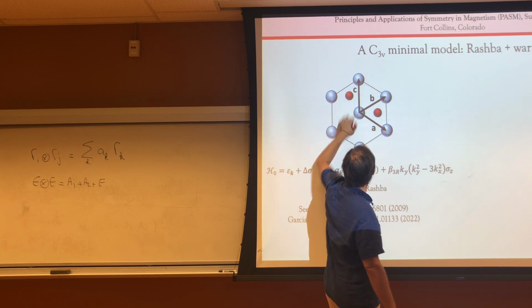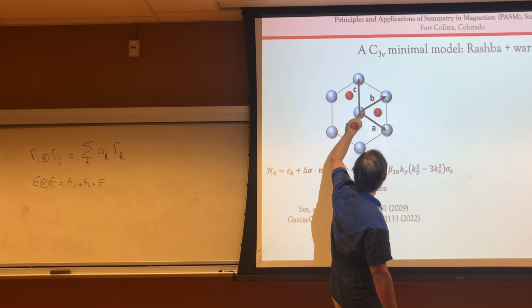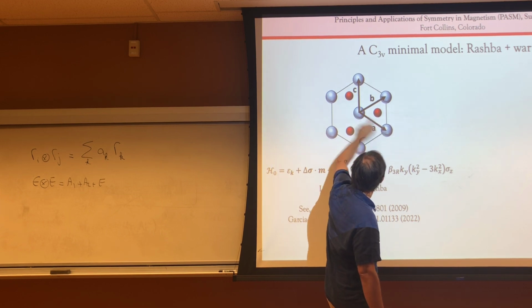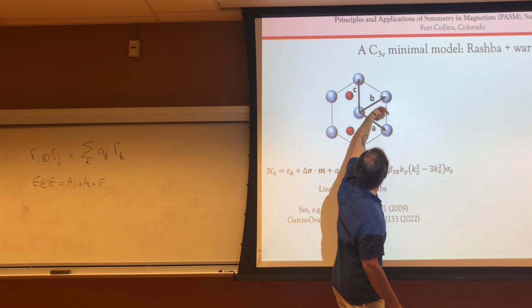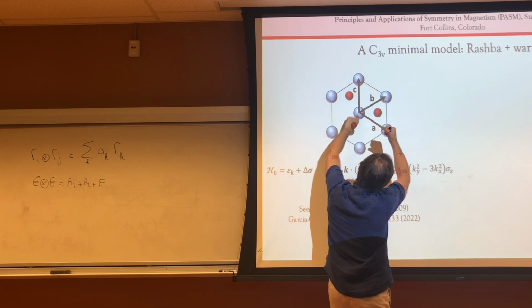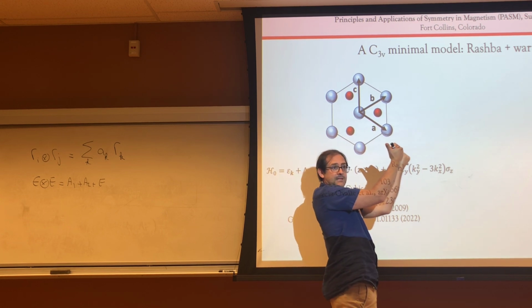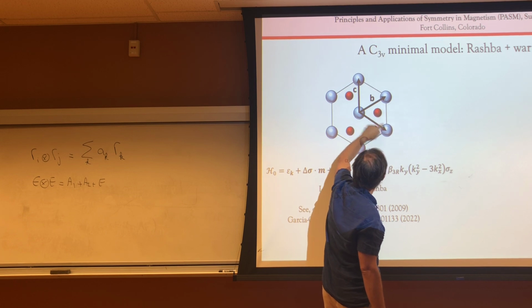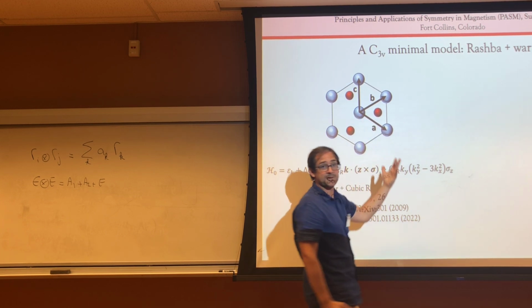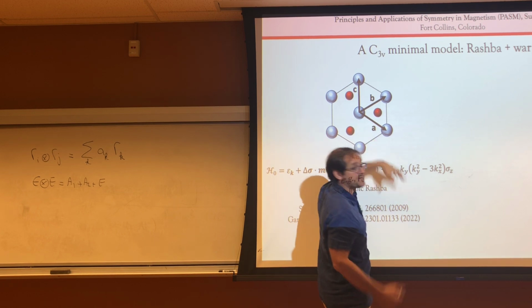If you have no red atoms, you just have the gray ones, you can jump from here to here either straight or through this atom, and you create an angular momentum, let's say up, and through this atom, you create an angular momentum down. So they compensate. Now, if you add this red atom here, then this angular momentum here and here do not compensate. So this creates a Rashba effect.